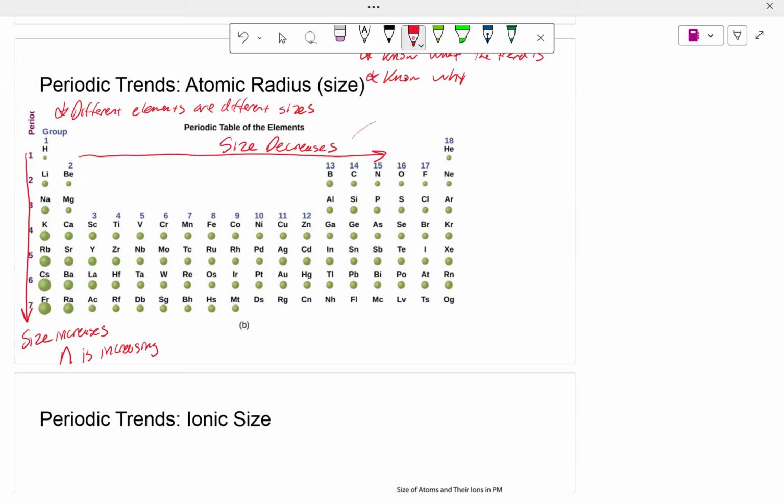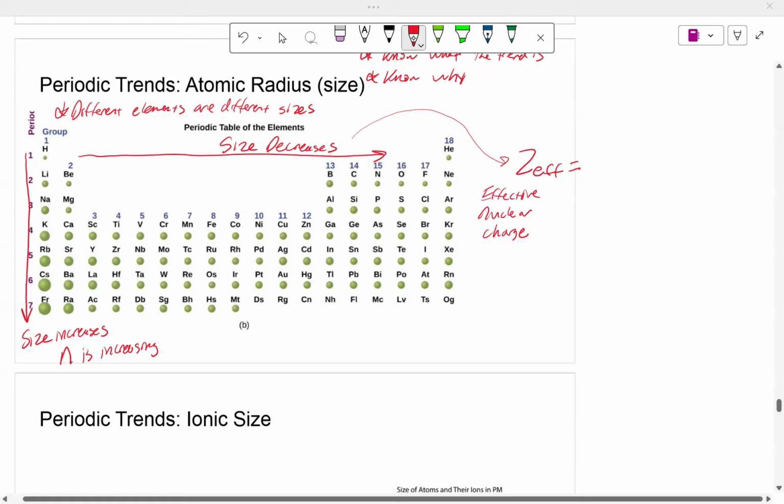This has to be explained with something known as effective nuclear charge, what we say Zeff. The simple way to put it is: how much do the electrons feel the nucleus? The bigger this number is, the more the electrons feel the nucleus and the smaller the atom is going to be.